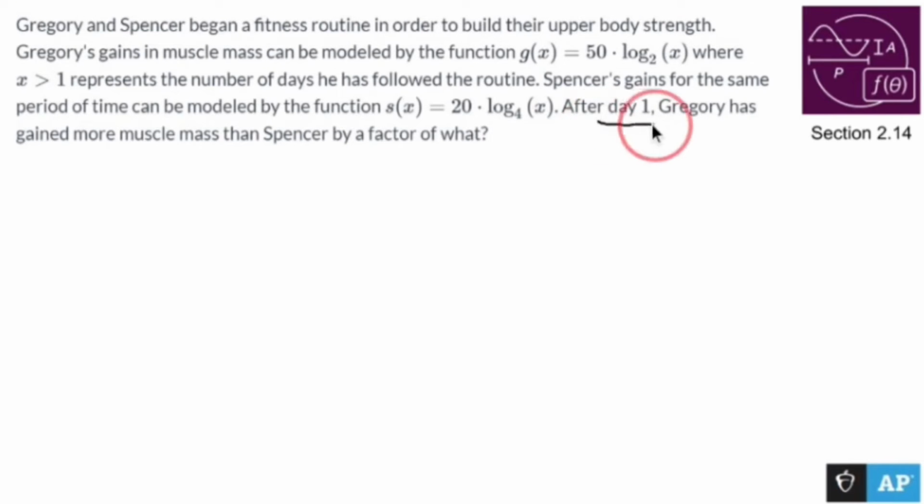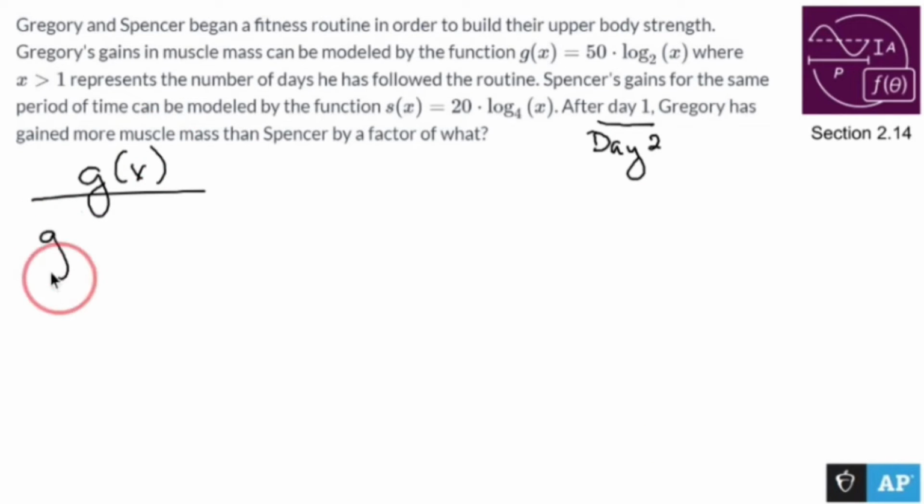So after day 1, I'm assuming means day 2. All right, so let's take a look at Gregory, g of x. If I want to find out what g of 2 is, there's not really much to think. You just say g of 2 is going to equal 50 times log base 2 of 2.